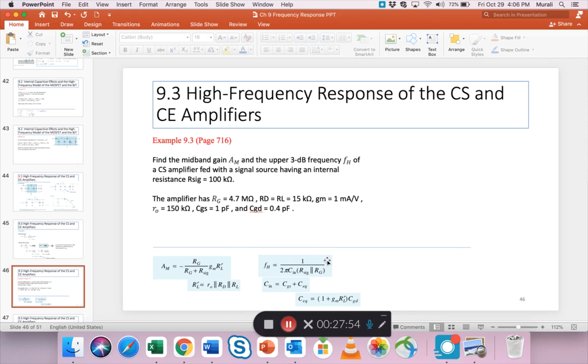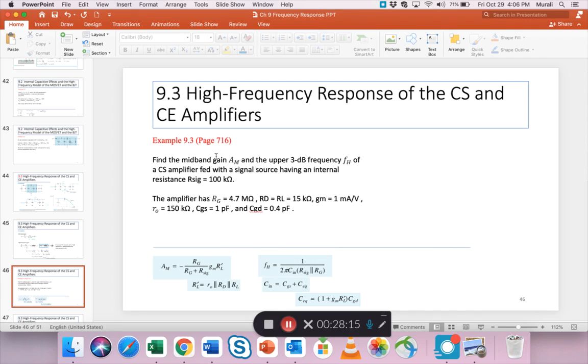Okay, so here there are examples in the textbook both for the MOSFET and for the BJT. First we look at the example and then maybe I'll show you a problem from the back.